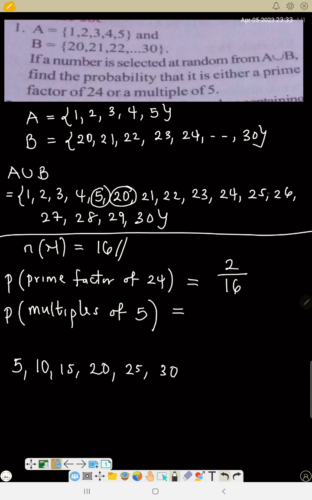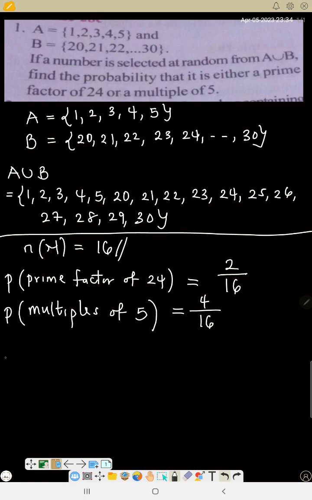The ones here are the ones we are picking: 20, 25, 30. So how many? We have 4 of it. So that means the multiples of 5 that we have in that A union B are just 4 numbers. So that is 4 out of 16 numbers.